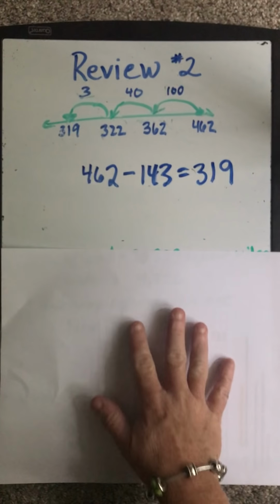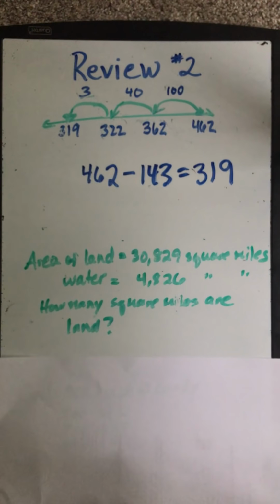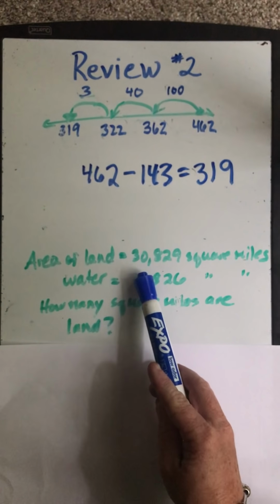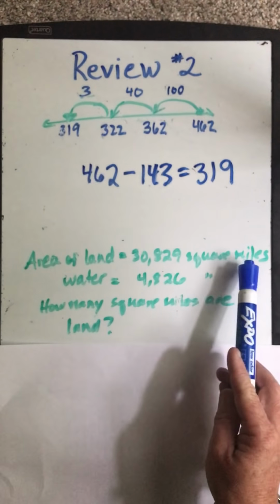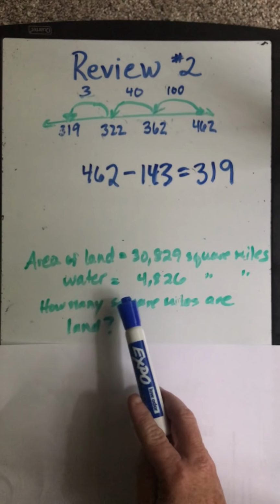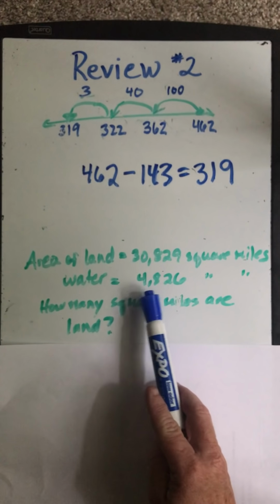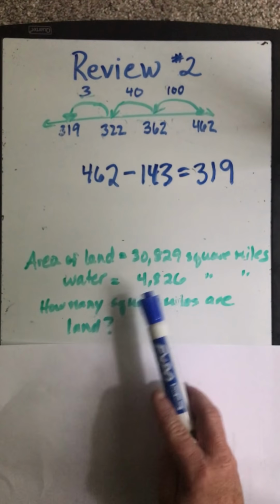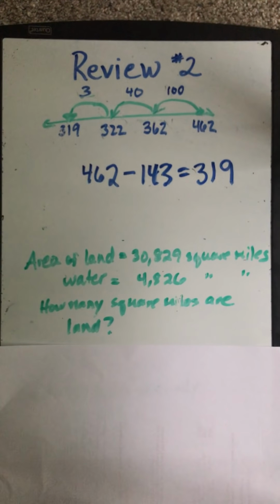Next, okay, I wrote this problem out. You're going to see something like this. Your question will say something like, okay, if the area of the land is 30,829 square miles, but water covers 4,826 square miles of that land, how many square miles is the actual land?